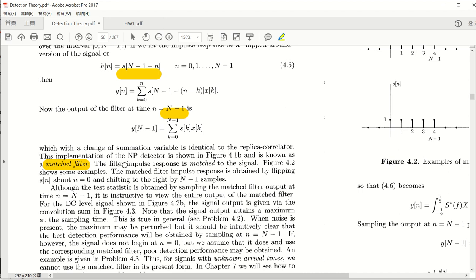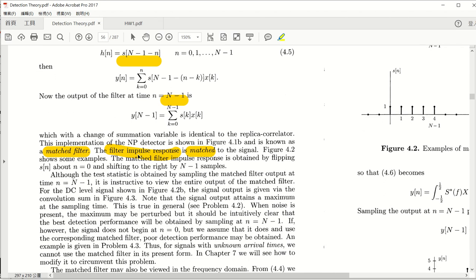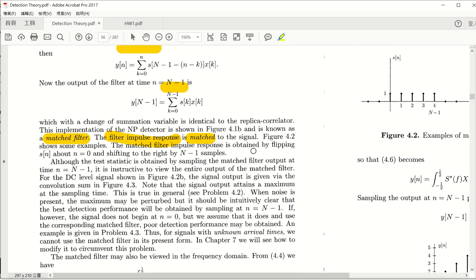The filter impulse response is matched to the signal. In other words, the impulse response H is designed to be a flip around version or time reversed version of the signal. So we say that the impulse response is matched to the signal. So we call it match filter.